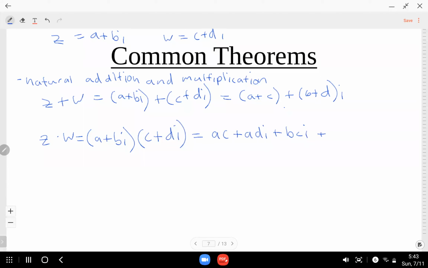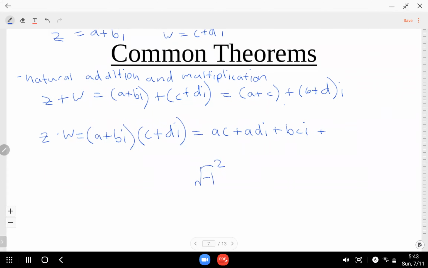The funny thing about this is when you square i, it's basically negative 1, because it's the square root of negative 1 squared. So bdi squared is basically minus bd. So the natural multiplication would equal ac minus bd plus ad plus bc i.